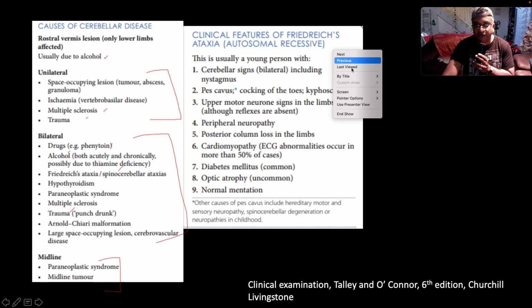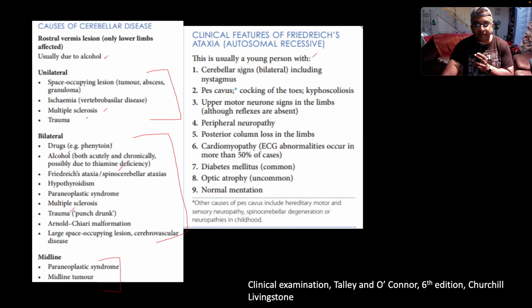Now, just to touch a little bit on Friedreich's ataxia, what is this? It's an autosomal recessive condition, right, which presents predominantly with cerebellar signs, which are bilateral, including nystagmus. You also get pes cavus, curling of the toes, kyphoscoliosis, right? Other causes of pes cavus are HMSN, hereditary motor sensory neuropathy, or Charcot-Marie-Tooth disease, spinocerebellar degeneration, and childhood neuropathies.